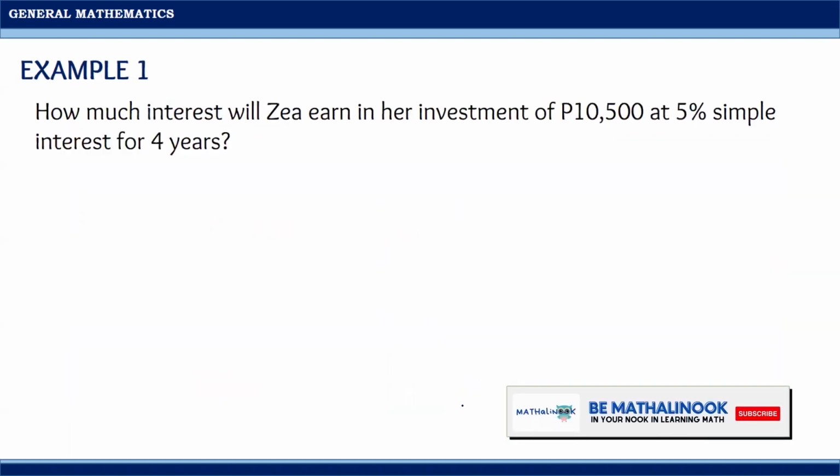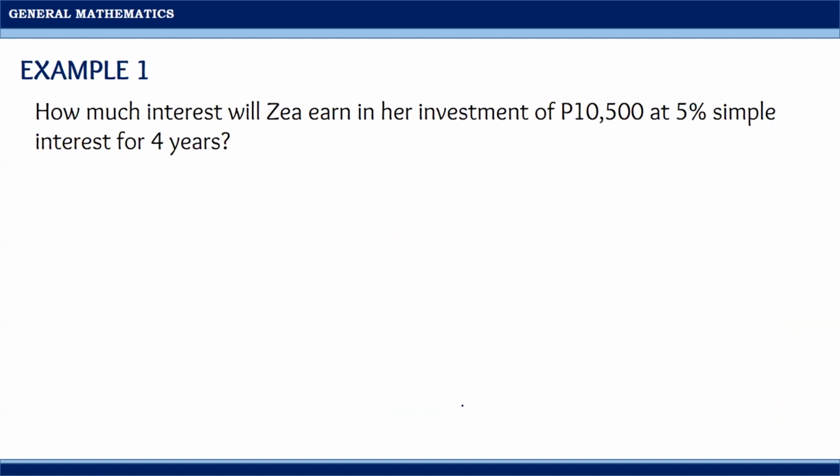Let us consider this first example. How much interest will Zaya earn in her investment of 10,500 pesos at 5% simple interest for 4 years? What we need to do first is to list down all the given. Zaya will invest 10,500 pesos, therefore P is equal to 10,500.